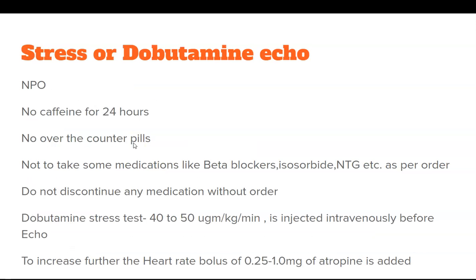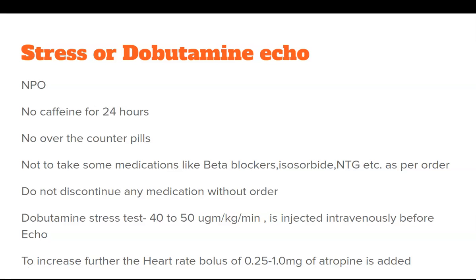Okay, the next one is stress dobutamine. So if it is a stress dobutamine, what is your responsibility? Same as before, NPO, and you have to tell the patient not to take caffeine 24 hours before, and no over the counter pills, that is OTC drugs, should be given, because some of the medications may trigger the heart, caffeine, smoking, all these things.